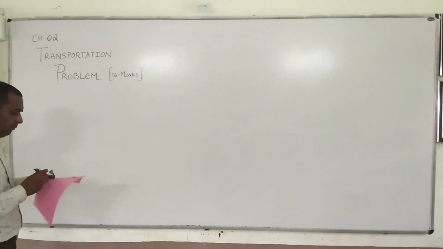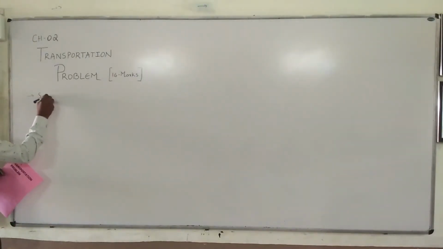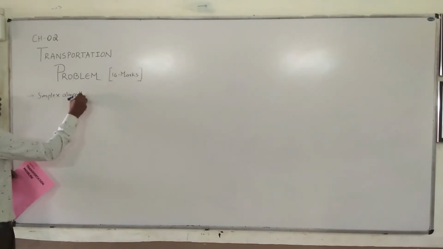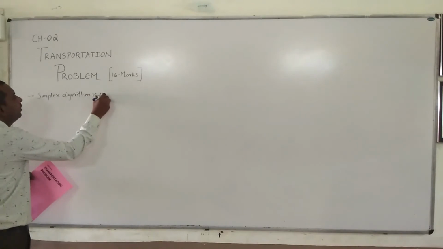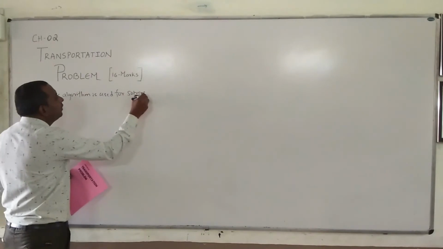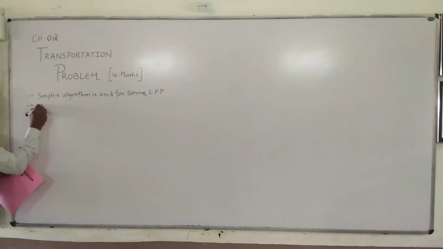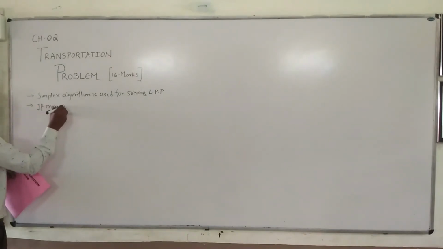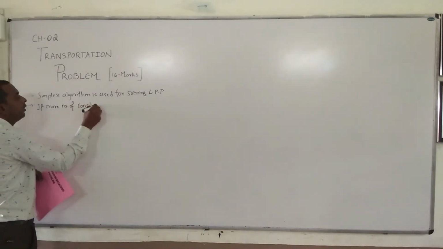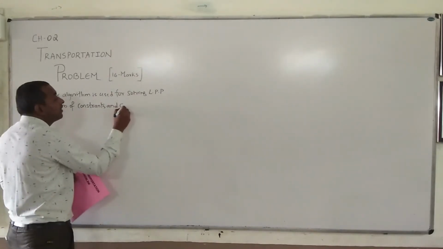The simplex algorithm is used for solving LPP. But what happens if there are more variables and constraints?